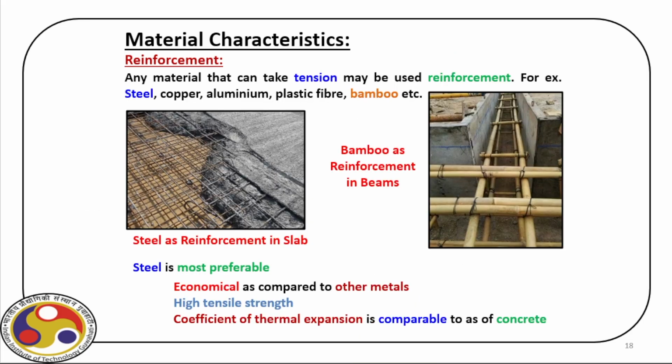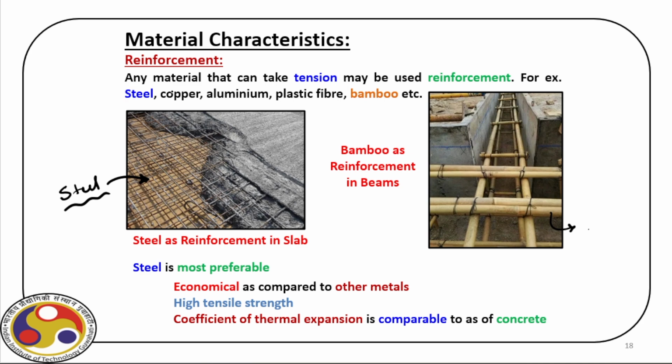Now, different materials are actually used for this reinforcement. As you can see here, there is steel, the most commonly used material. However, sometimes we have alternate materials also, as you can see bamboo here, but obviously where you need higher capacities, we cannot use this material.